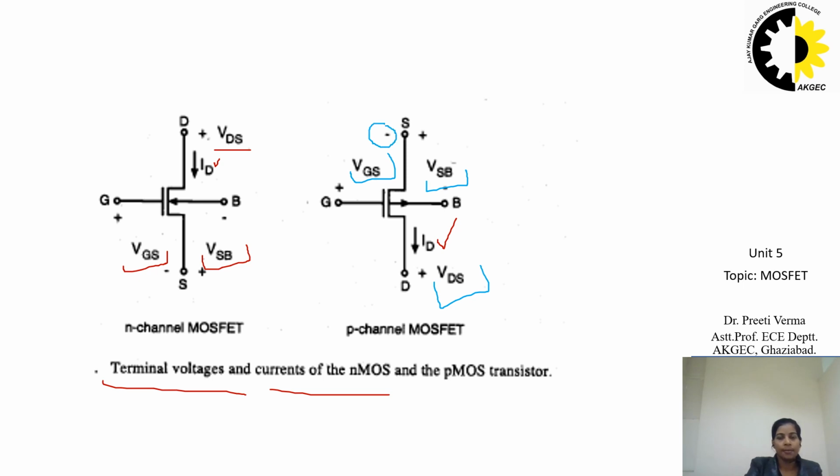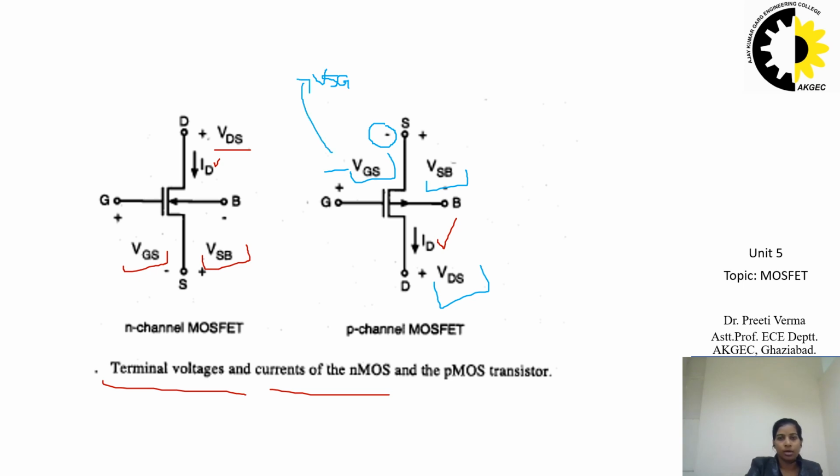Here you can see this VGS is actually VSG. So we can write it as VGS or we can write it as minus VGS. That will result in the plus VSG.